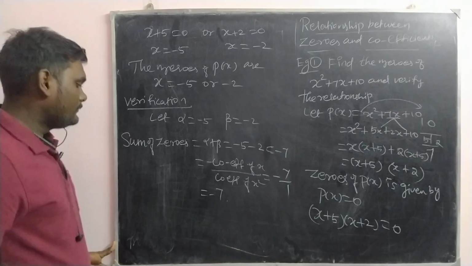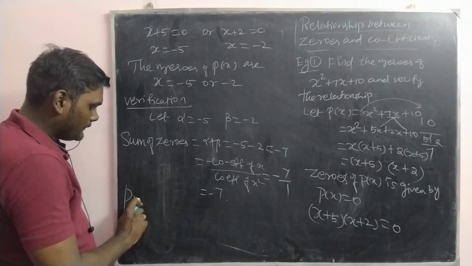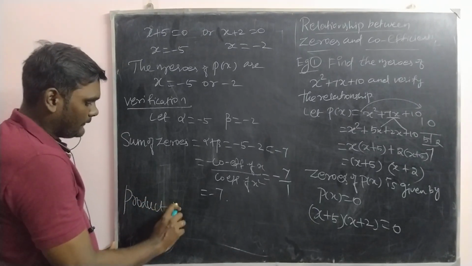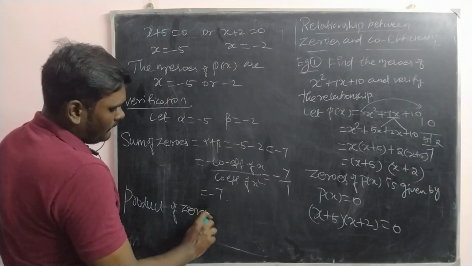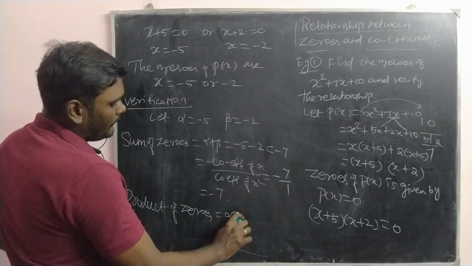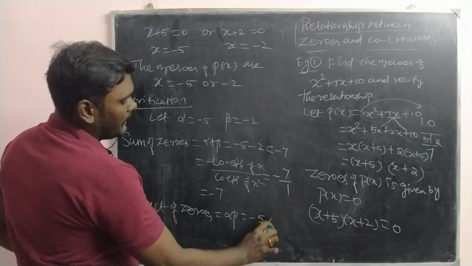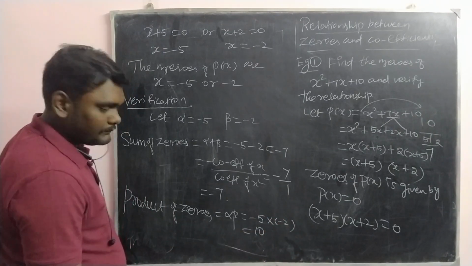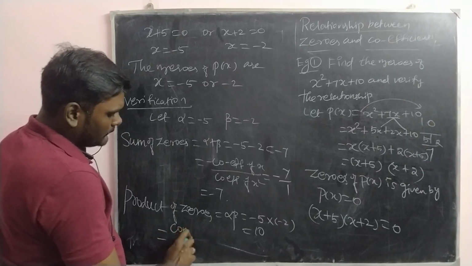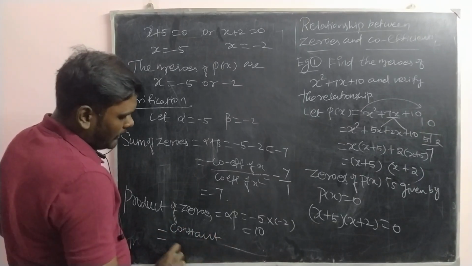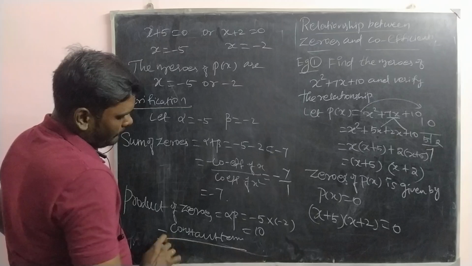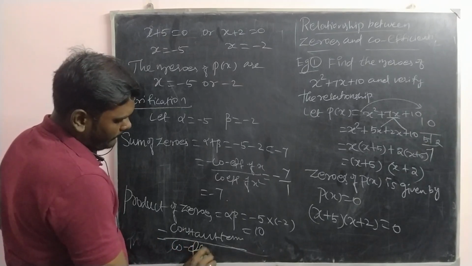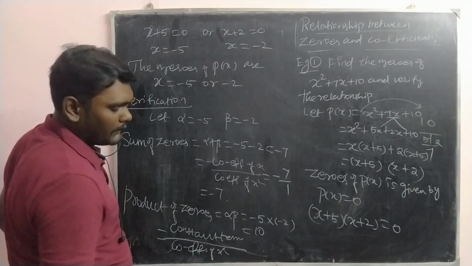So it is verified. Similarly, product of zeros, that is alpha into beta. Alpha is minus 5, beta is minus 2, so the answer is 10. And that equals constant term divided by coefficient of x square.